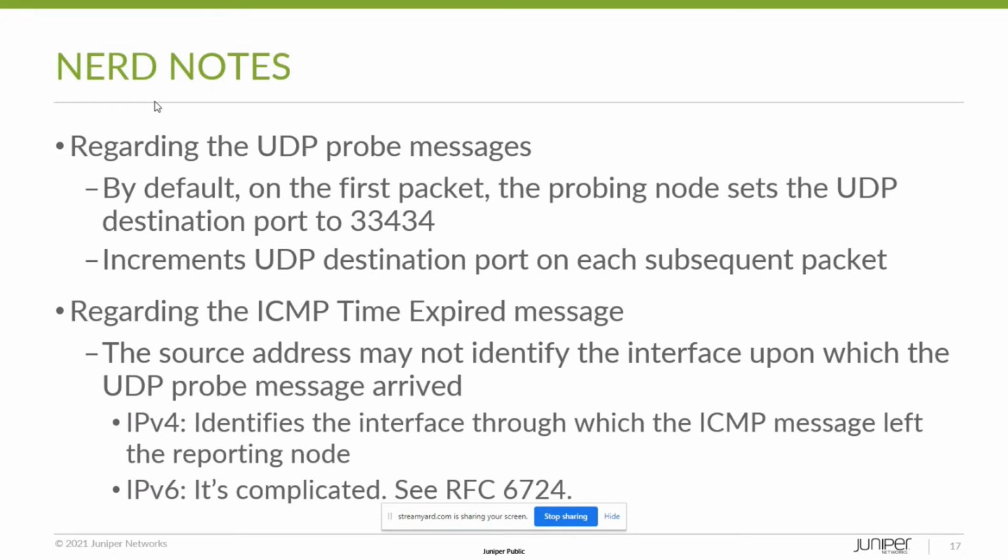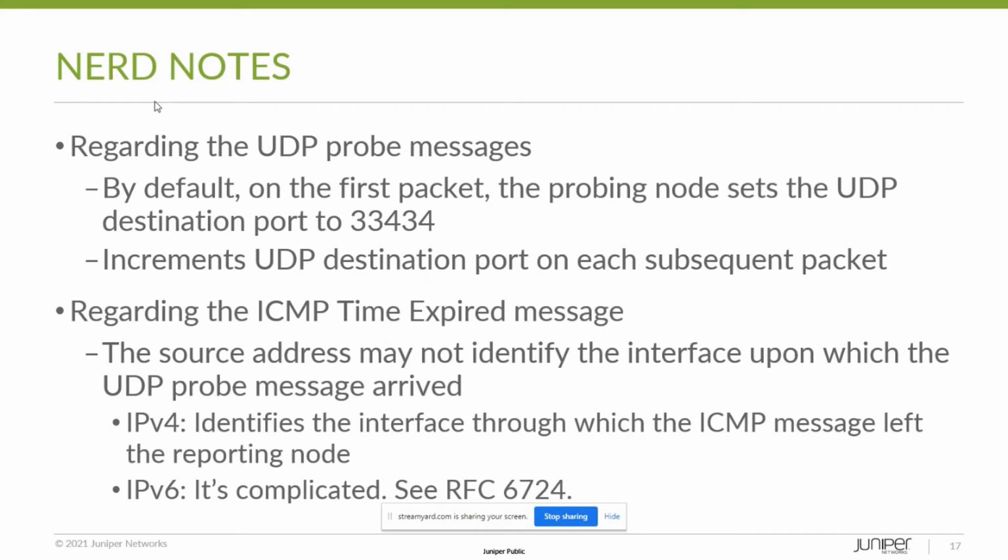Regarding the time expired message, what is the source address of that time expired message? Well, the source address of the time expired message may not be the same as the address of the interface through which the probe entered the node. That's why I say Traceroute identifies nodes along the path, not interfaces along the path. Generally, you look at the source message and say, oh, this is the interface that it visited.